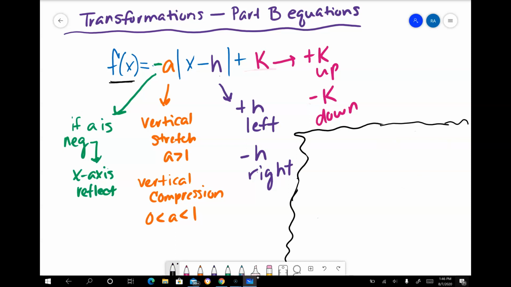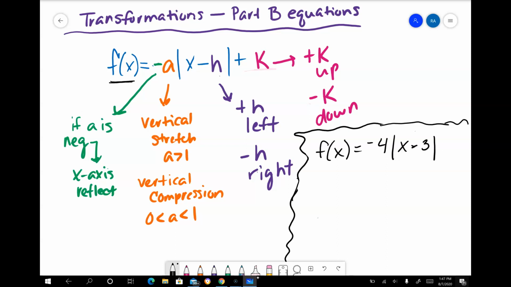So we've got f of x equals -4 absolute value of x minus 3. Okay, so pause the video and I want you to give this one a shot, okay?